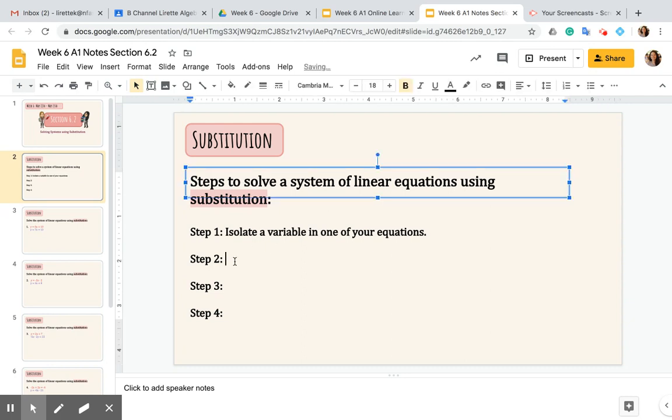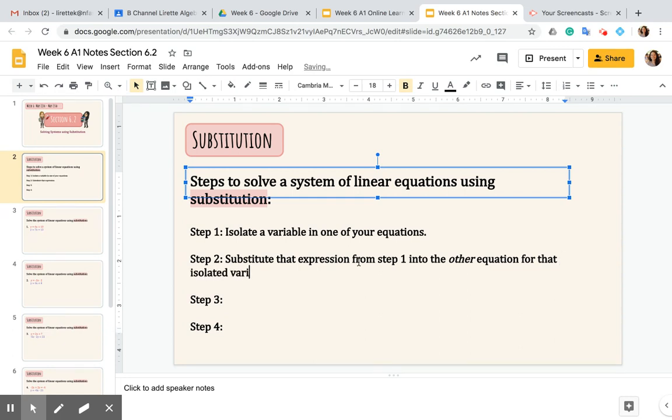Step two, you're going to substitute that expression from step one into the other equation for that isolated variable.